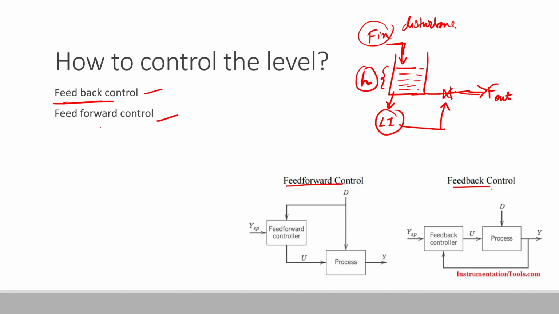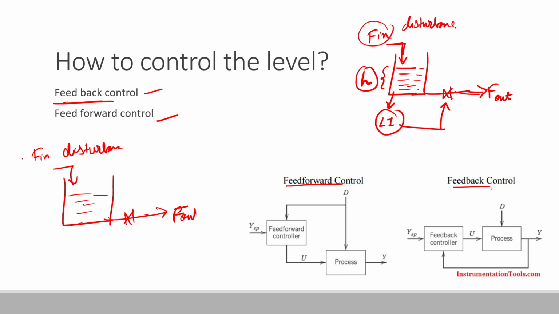Then in another control strategy, we are having this disturbance. Over here we will keep on monitoring the disturbance. Once the disturbance changes, we already know that the level in the tank would change. Then on the basis of this disturbance, we will change the opening of the valve and let the water flow through.